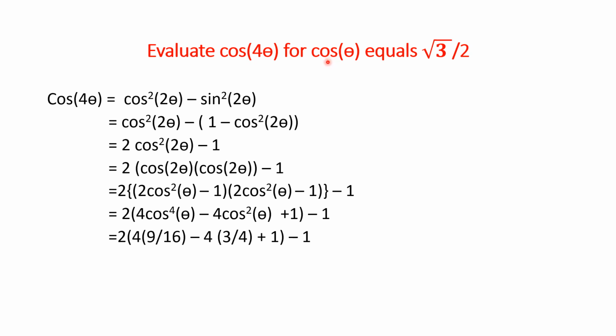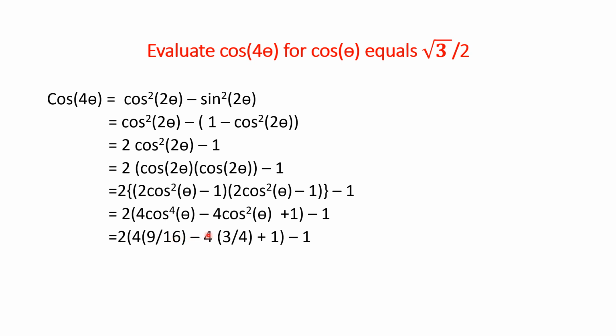Cosine to the power 4 theta is square root of 3 divided by 2 to the power 4. If we do the math, instead of cosine to the power 4 of theta we have 9 divided by 16, which is just raising this value to the power 4.